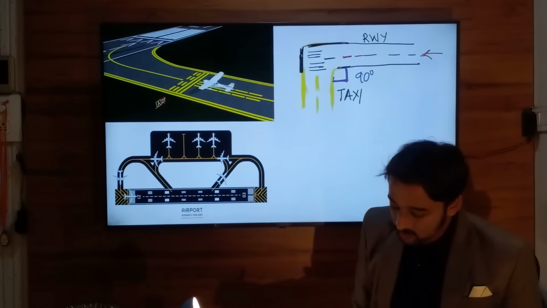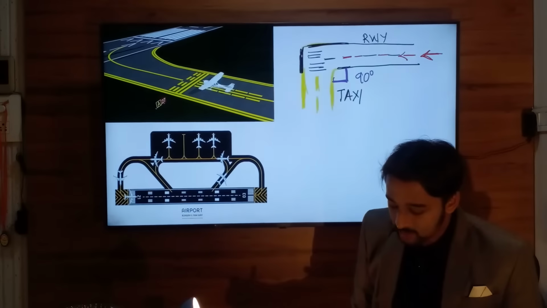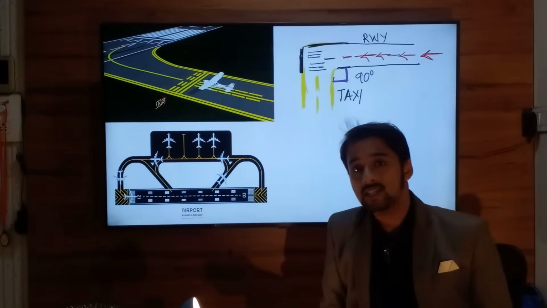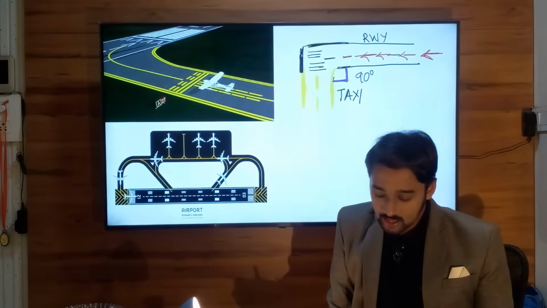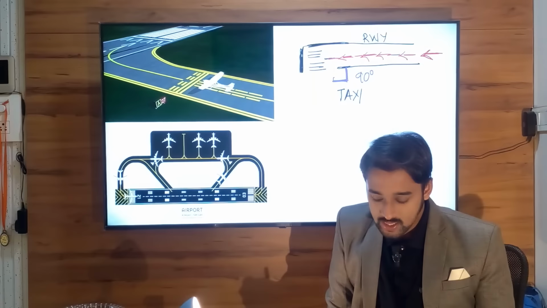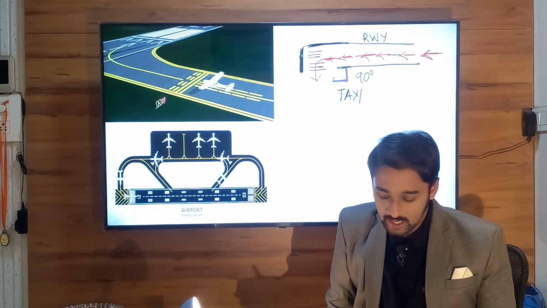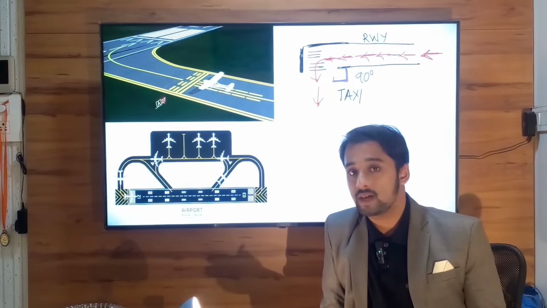When it lands on the runway, it has to come to a complete stop or at a very slow speed. It has to decelerate its speed to minimum before it can come towards this taxiway and then make a 90-degree turn and then exit from the runway.